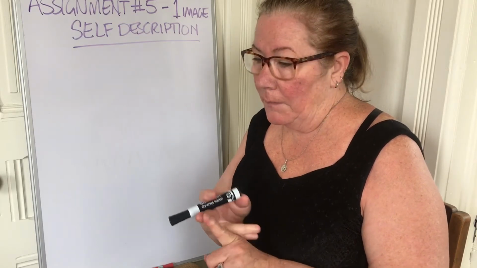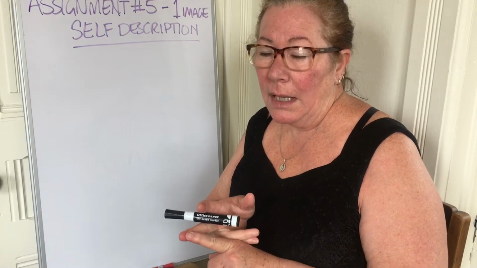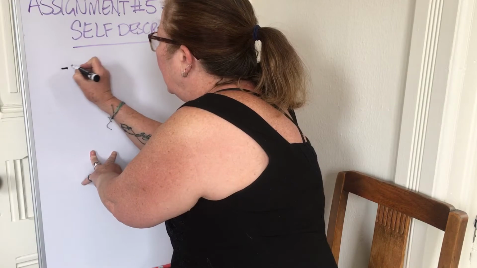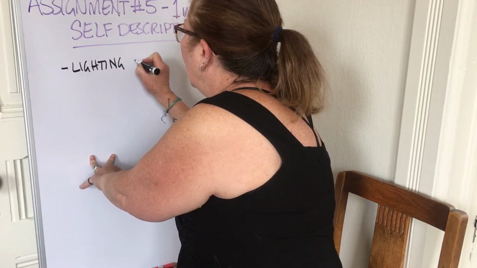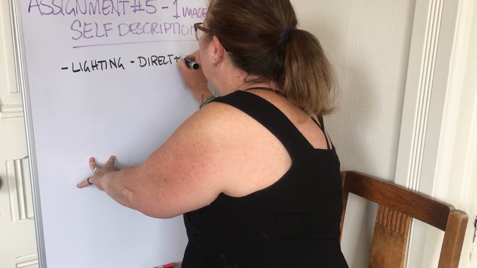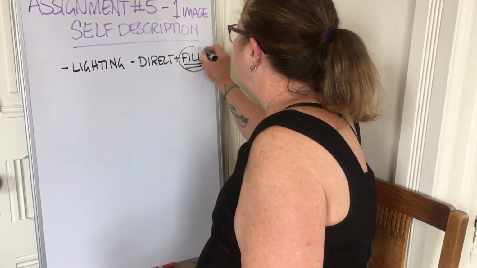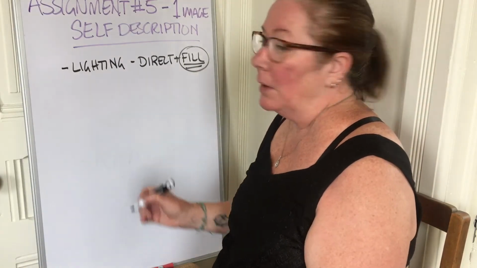Okay, I want you to make sure that you pay attention to the background. So you're going to make sure your lighting, right, is direct and fill. Right, so it's fill light because you have to have direct to have fill. Okay, so your lighting should be fill.